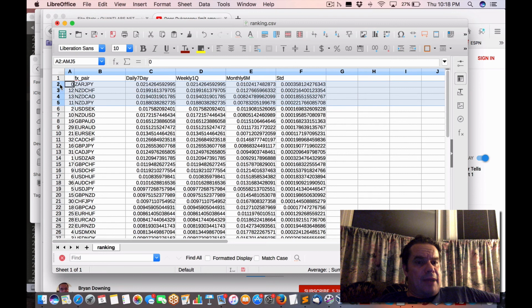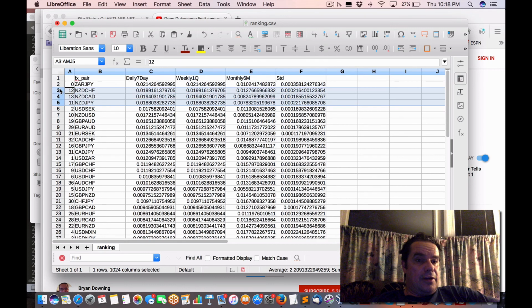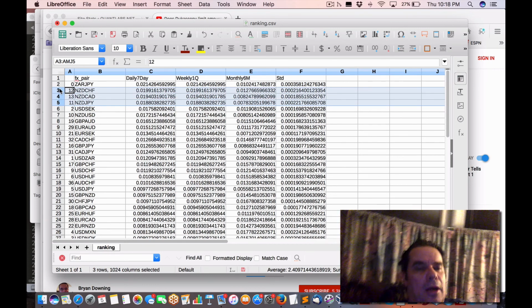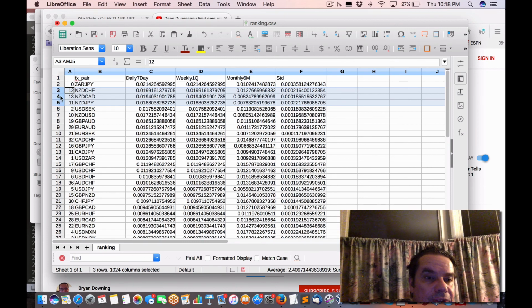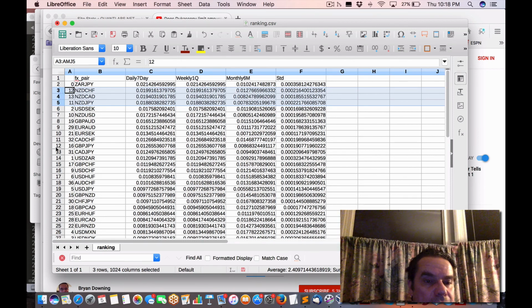From my perspective, these kind of make sense because of, as I said, the political turmoil in South Africa and the Japanese yen as a safety trade. Politically, they just had an election in New Zealand, so that's probably why these are fairly volatile. I'm just surprised that the euro's not as volatile due to the German election as well. But that's what I'm surmising here.